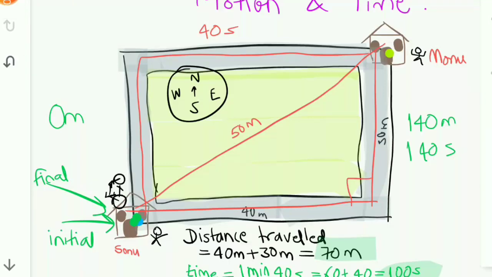So what would be the speed for entire journey? Because in half the journey, Sonu took 100 seconds to cover first half of the journey and 40 seconds to cover second half. So it makes sense to use average speed here.